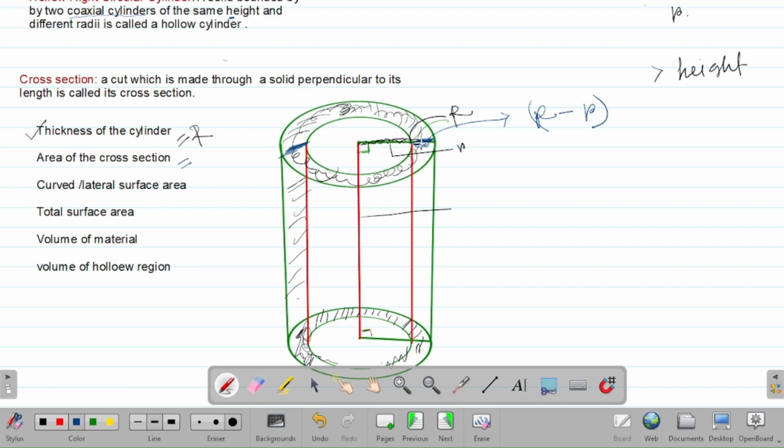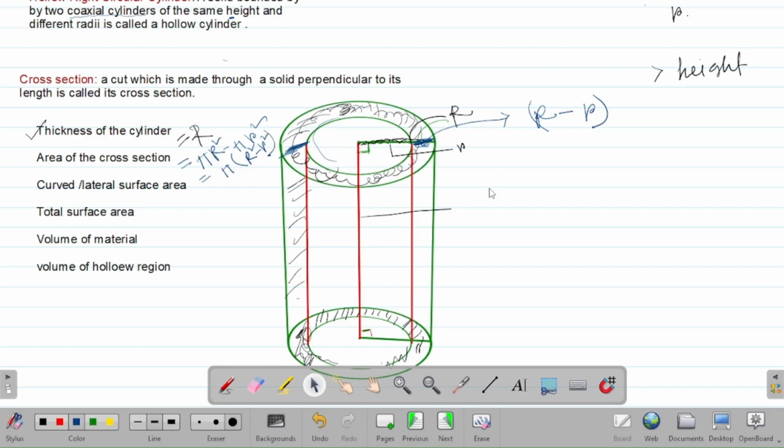That's why the area of the cross section would be pi capital R square minus pi small r square. So we can write pi as common, pi times capital R square minus small r square.